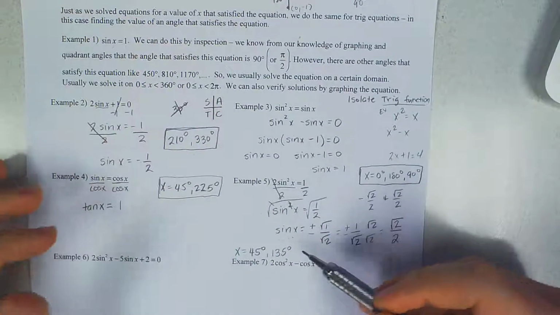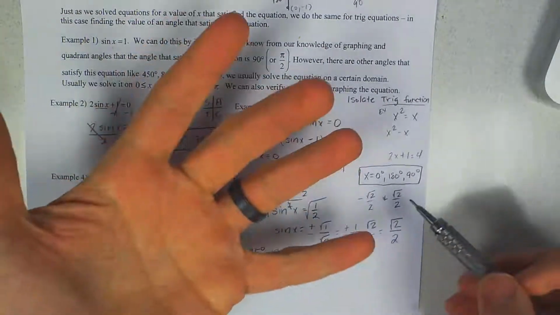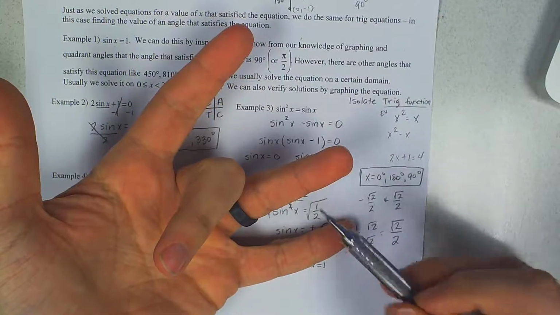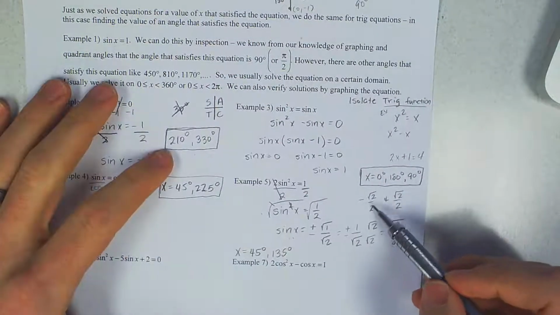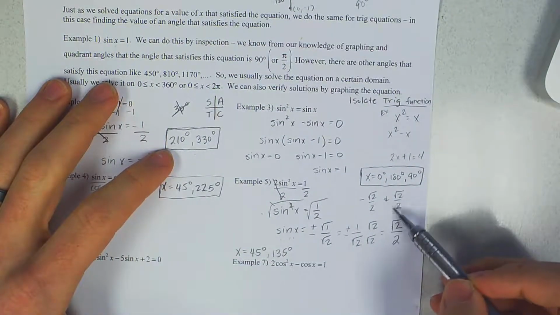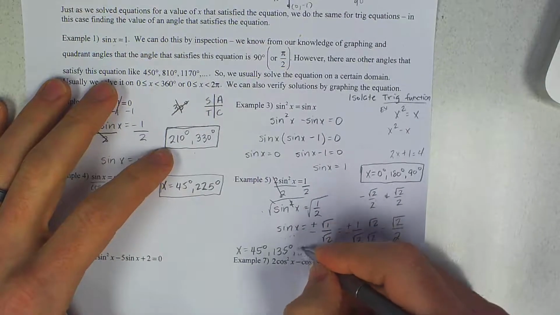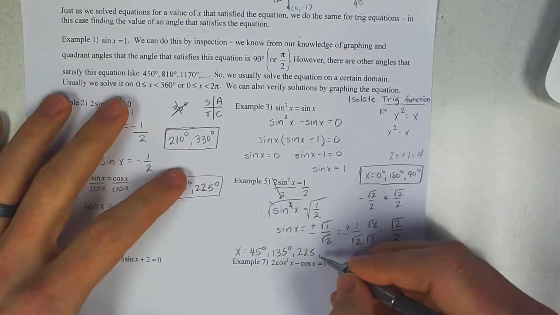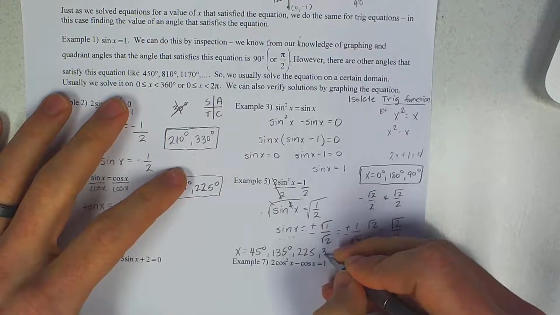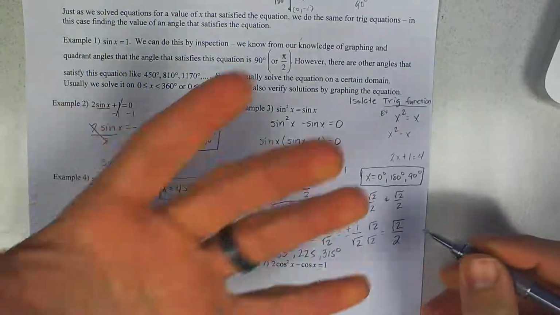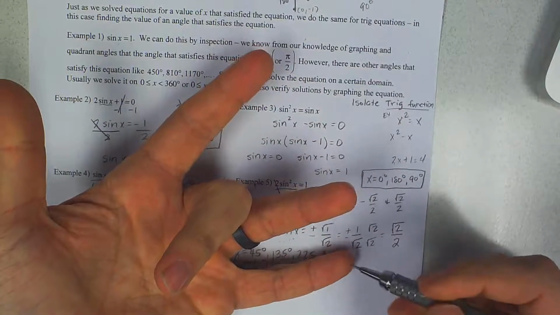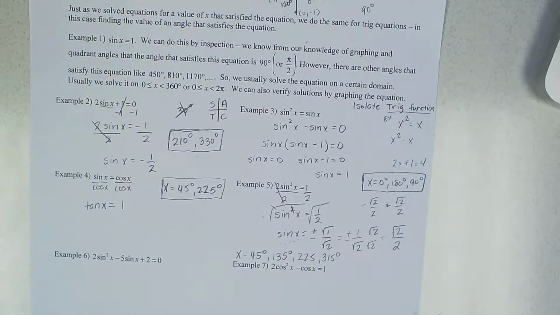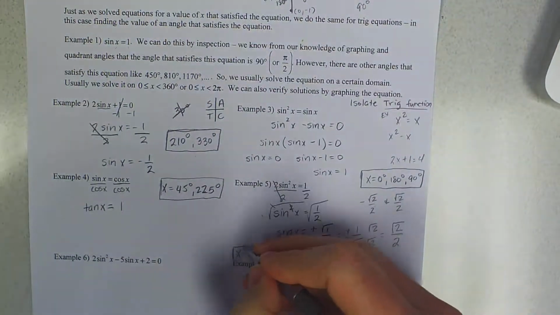We go to the third quadrant, that's 225, which 45 goes into, and it's negative radical 2 over 2, but we're looking for negative radical 2 over 2 and positive radical 2 over 2. So 225 is going to work, and by inspection, you should understand that 315 will work too, because it's the same thing, negative radical 2 over 2. So that would be all of our answers there.